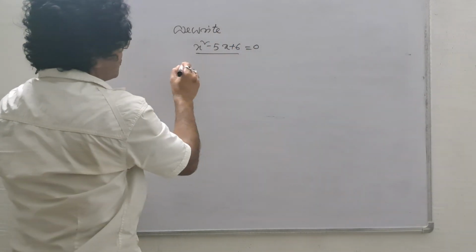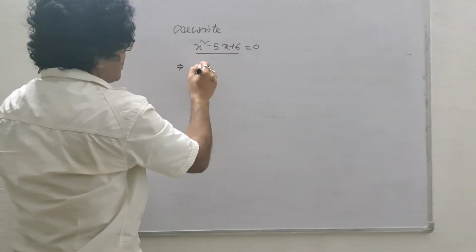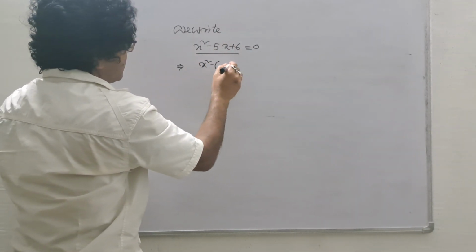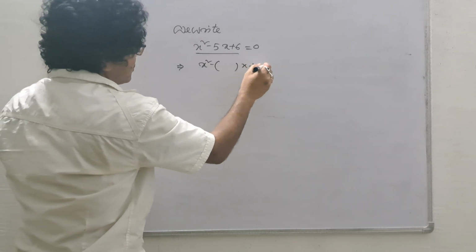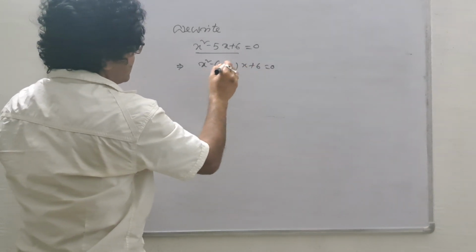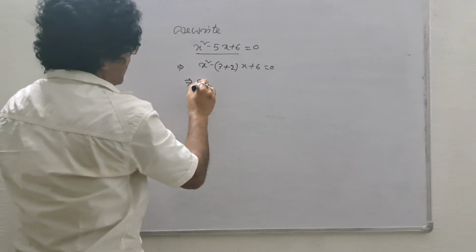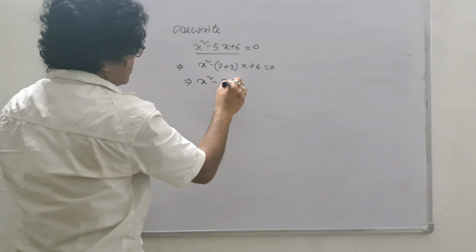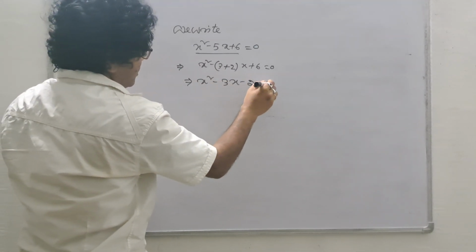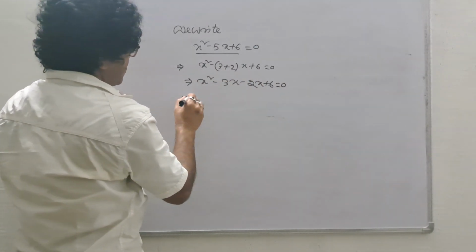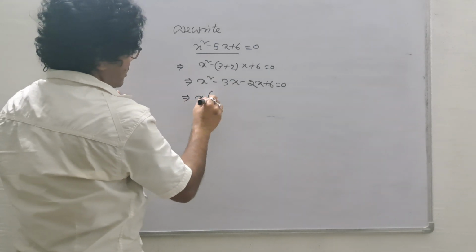So now after that you just factorize it. x squared minus 5x plus 6 is equal to 0. Factorization you learned in class 9, and in earlier classes also you learned how to do factorization.